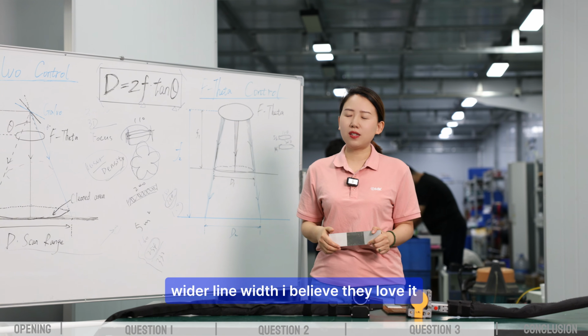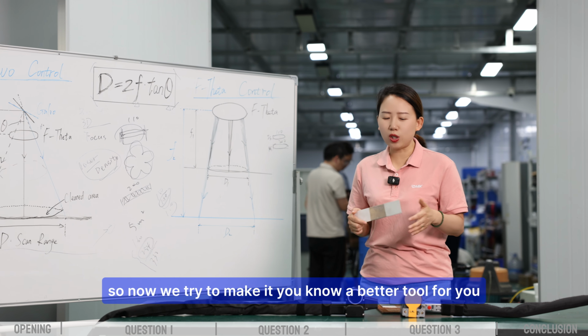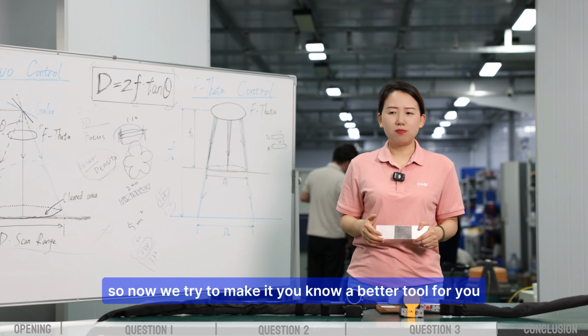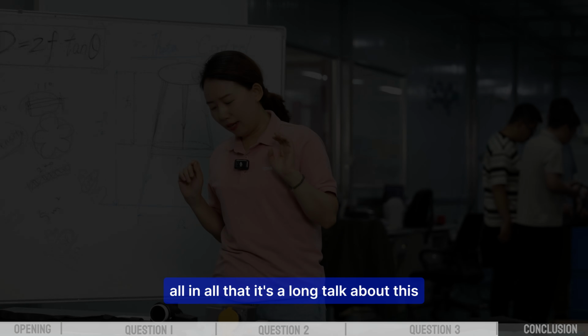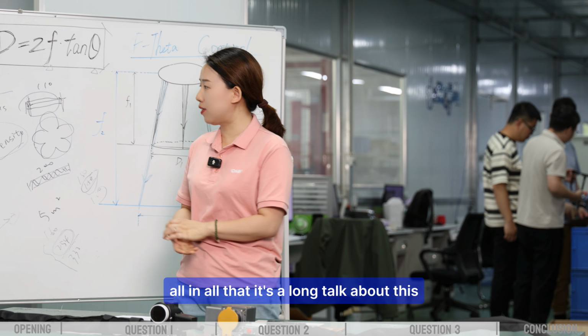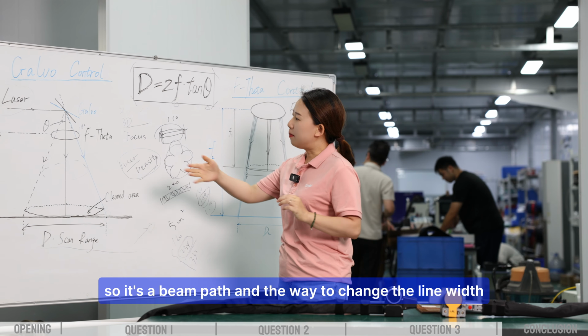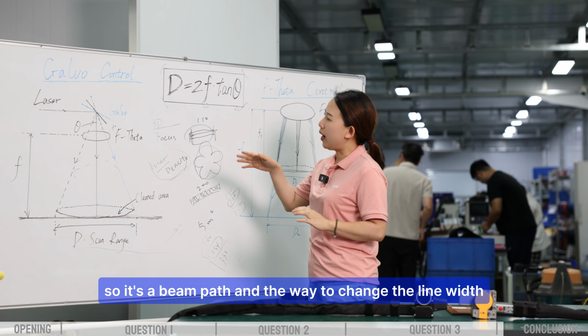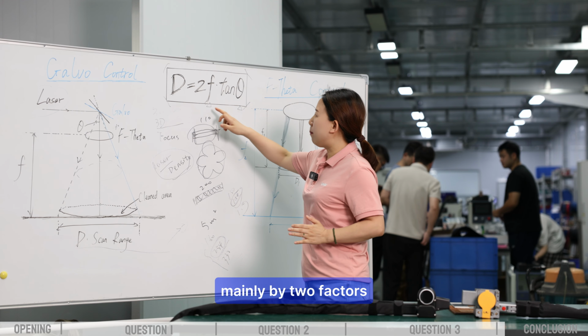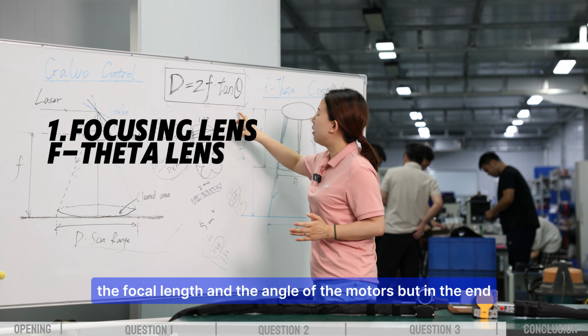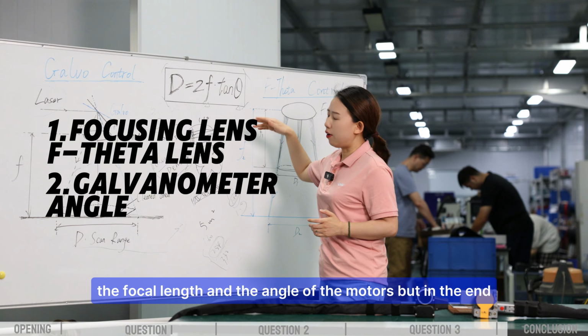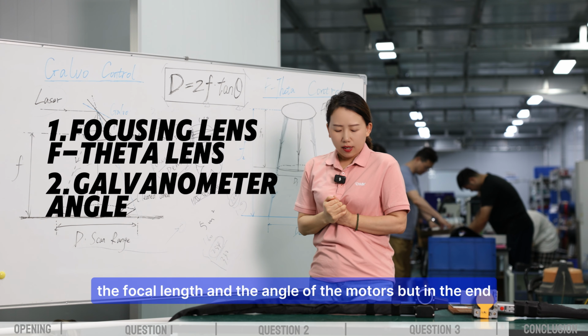I believe they love it. So now we try to make it a better tool for you. All in all, it's a long talk about this, and I hope I made it clear. So it's the beam path and the way to change the line width, mainly by 2 factors: the focal length and the angle of the motors.